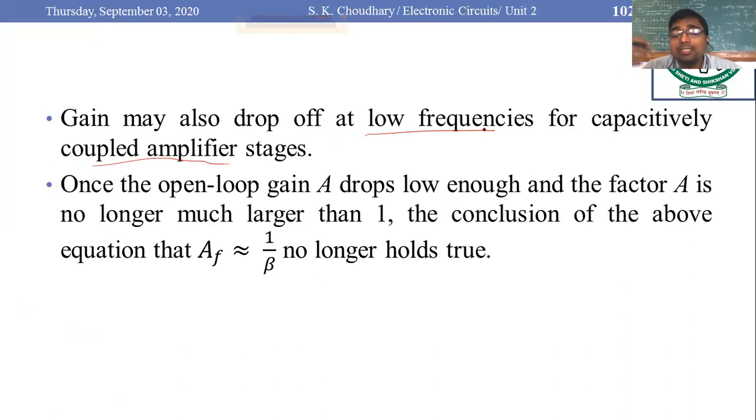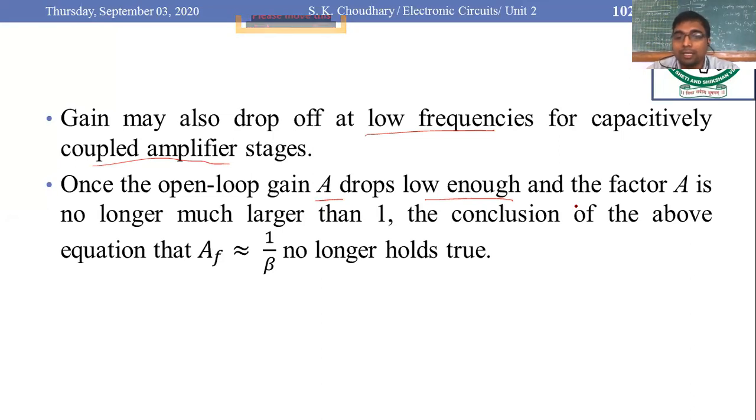So once the open loop gain A drops low enough so that the factor beta A is no longer much larger than 1, what is the conclusion of the above equation? AF equal to 1 upon beta no longer holds true.